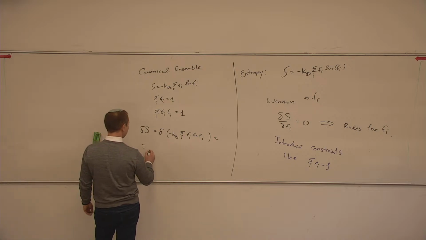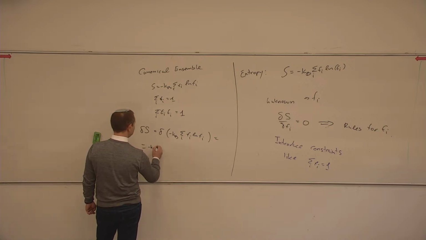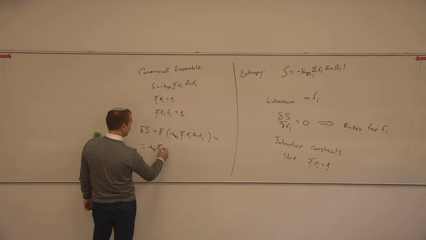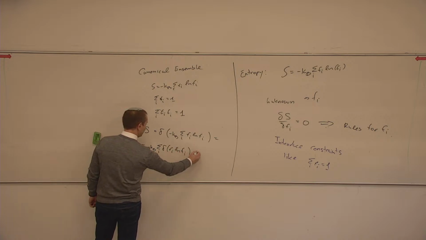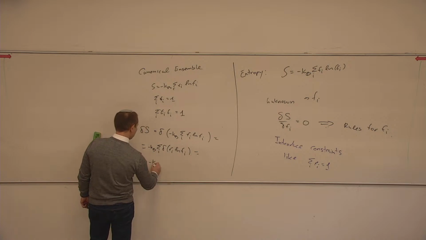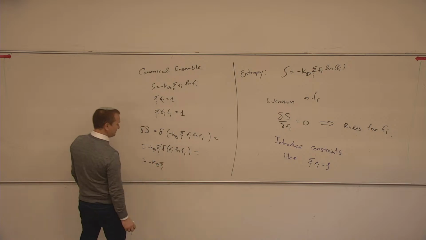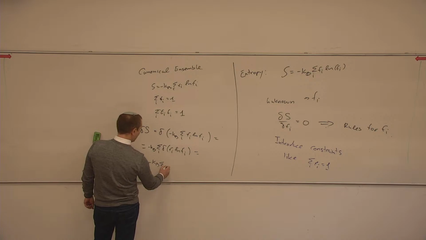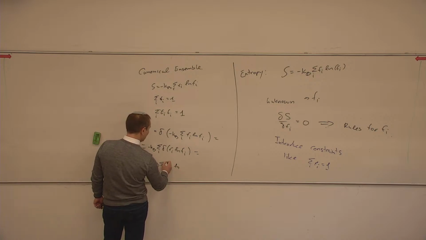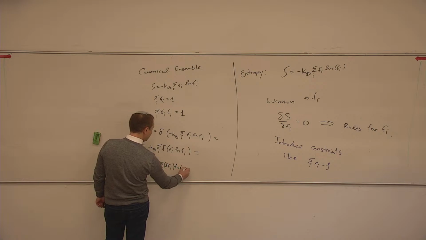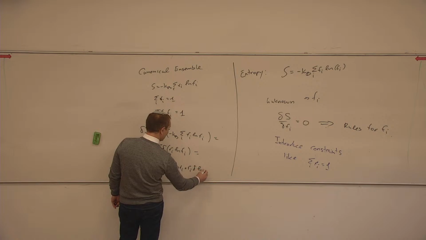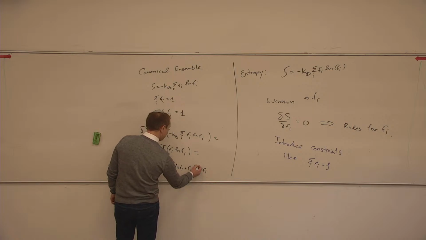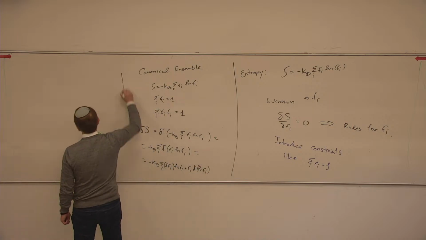So what we have here is minus k Boltzmann, sum over i of delta of f_i log f_i, which is minus k Boltzmann, sum over i of delta f_i log f_i plus f_i delta log f_i. Okay, we'll continue over here.